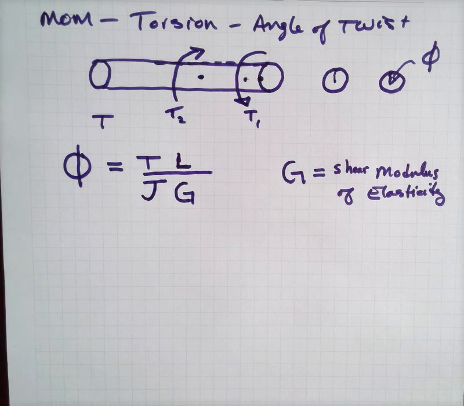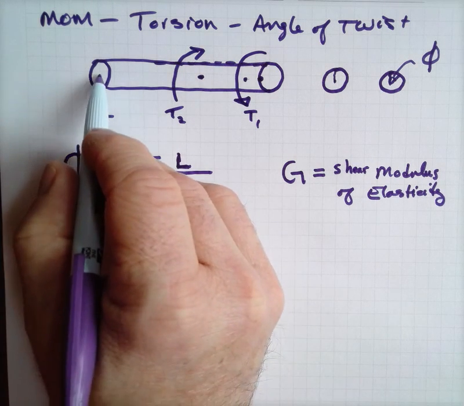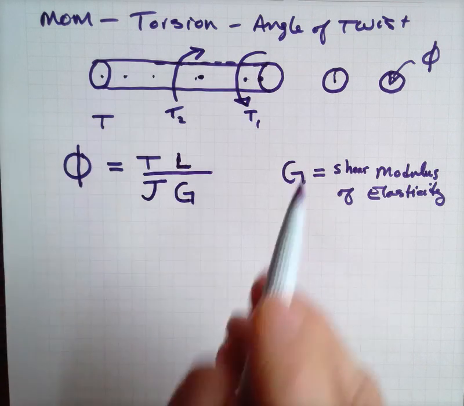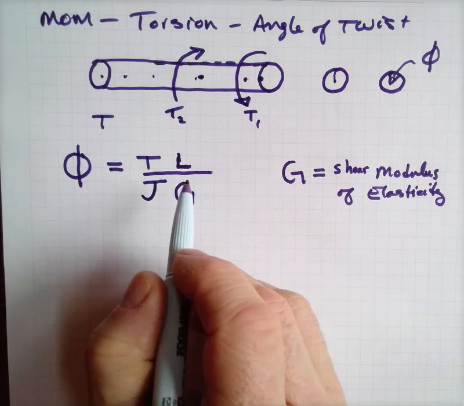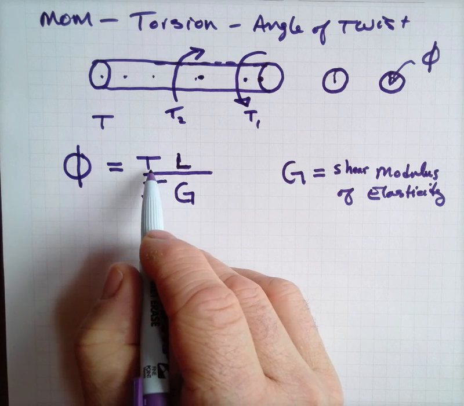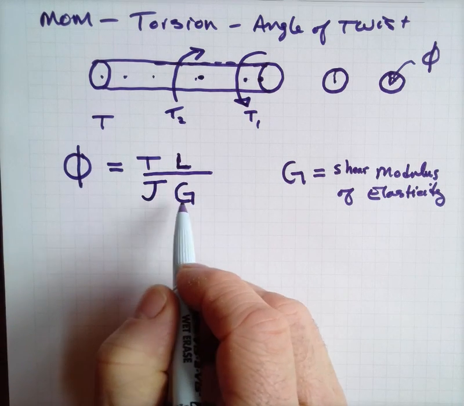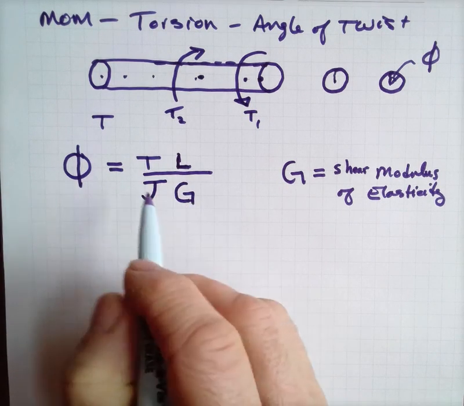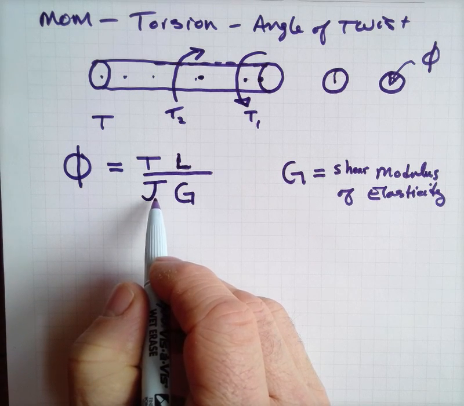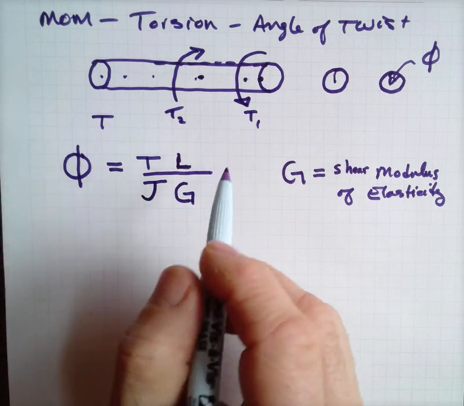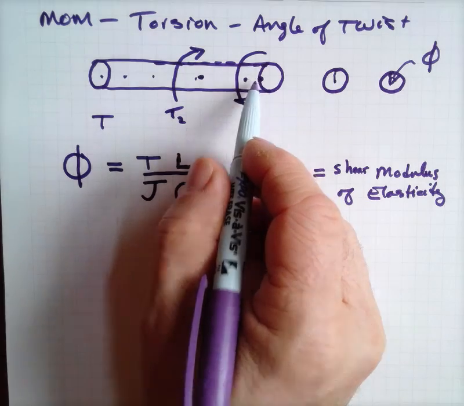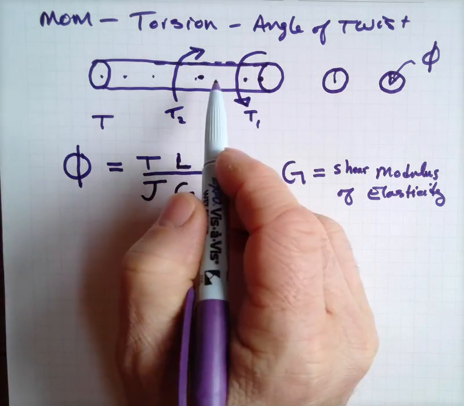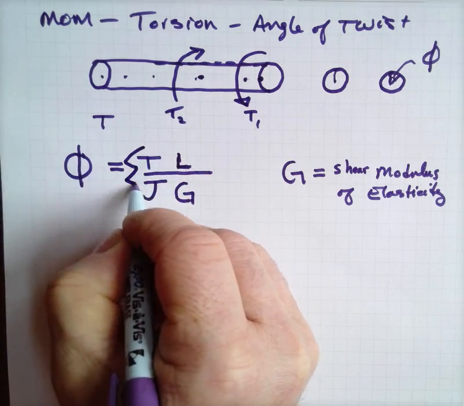And that's it. Now, if you had a couple of different sections along a length where any of these things changed, where the torque changed, perhaps the material changes, or the cross-section changes, you just get the angle of twist for each smaller section and add them all up.